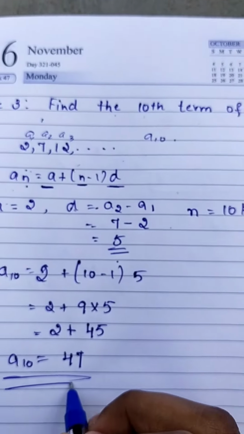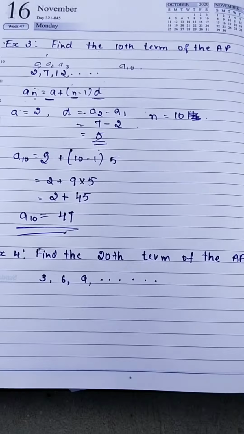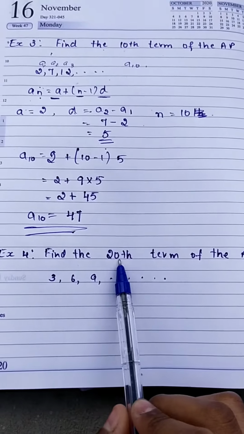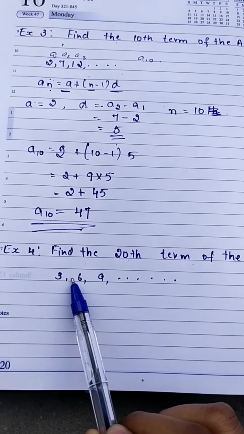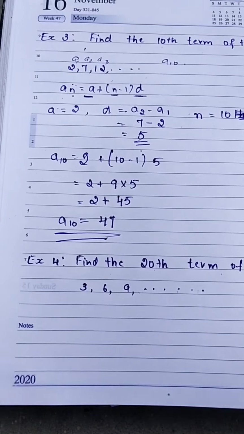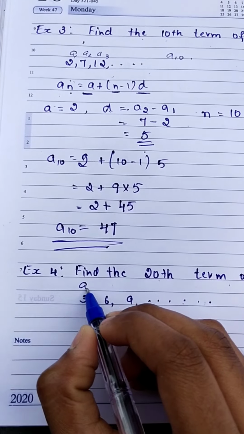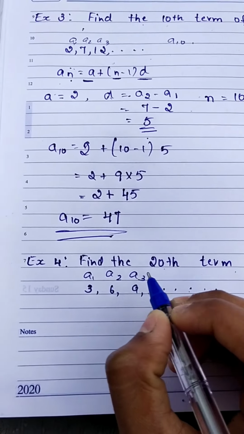We'll do another problem so you can understand it clearly. Now find the 20th term of the AP 3, 6, 9, and so on. This is the first term, second term, and third term.